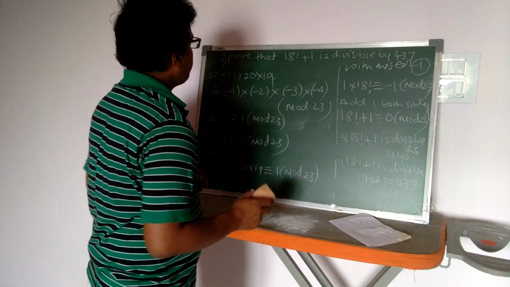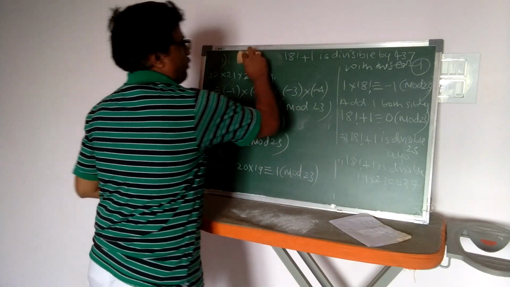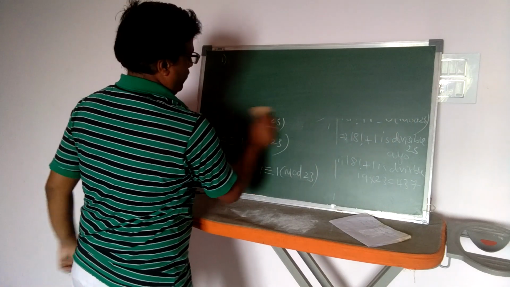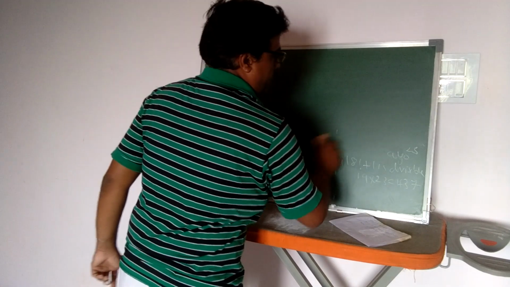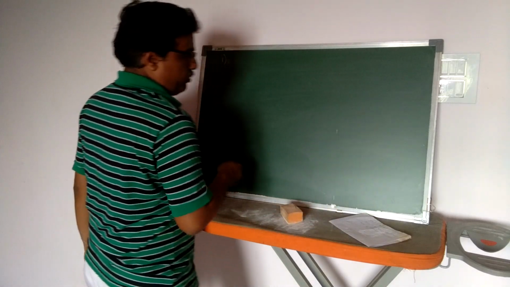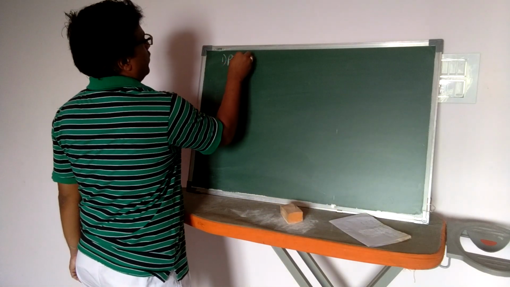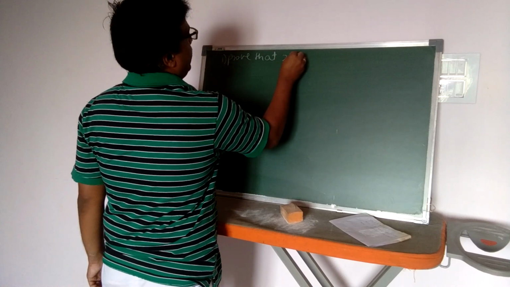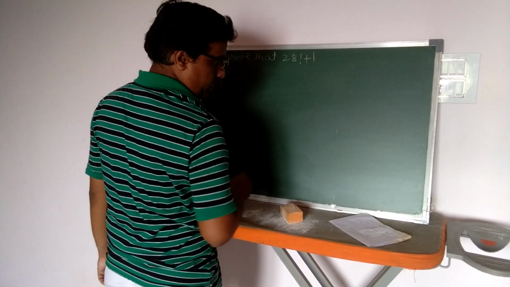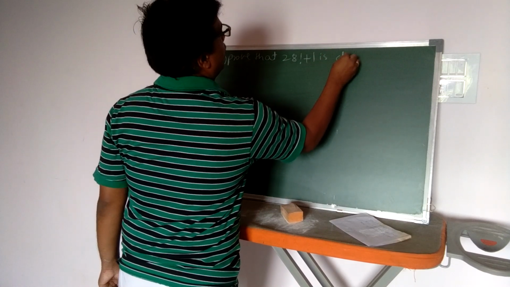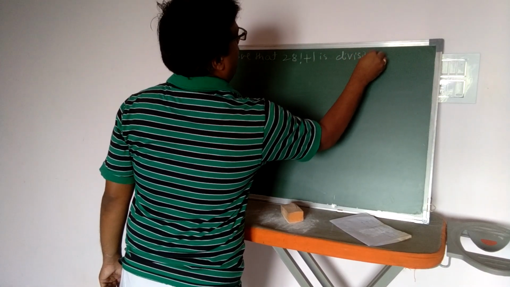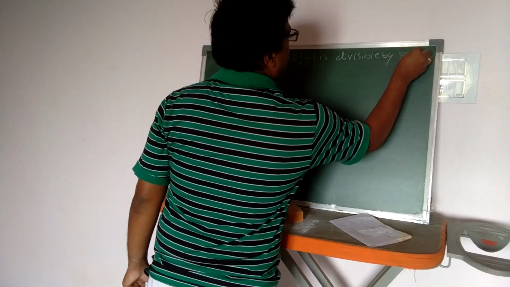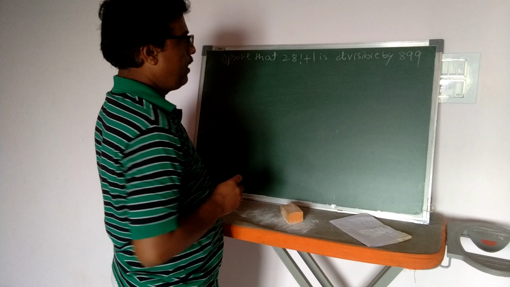Next, we take another problem. Prove that 28 factorial plus 1 is divisible by 899.